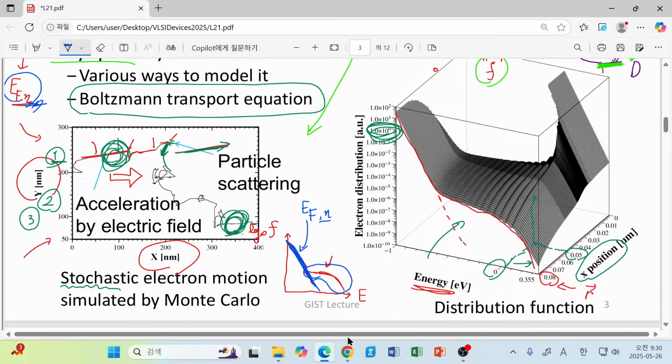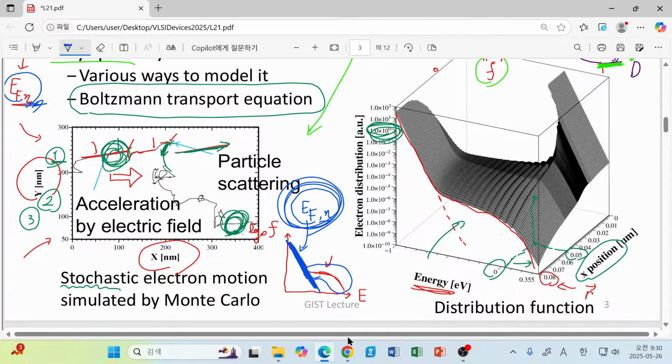Why is it so important? Because once we fix the quasi-Fermi potential or quasi-Fermi energy, it corresponds to the main body of our electron gas. So most of its behavior can be described with this quantity.